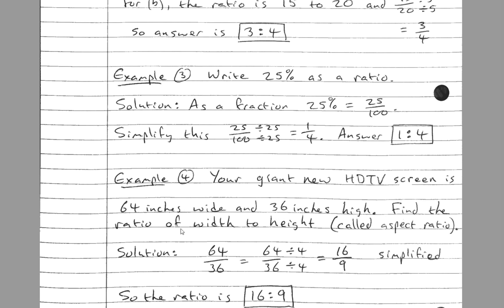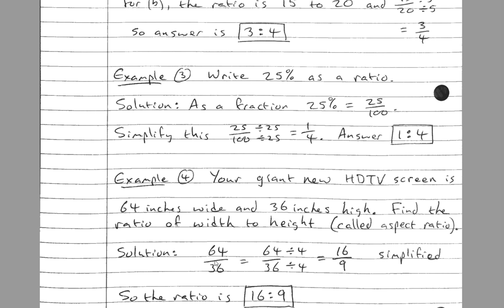I'll find the ratio of the width to the height. This is called the aspect ratio for the TV screen. So we're comparing the width, 64 inches, to the height, 36 inches.